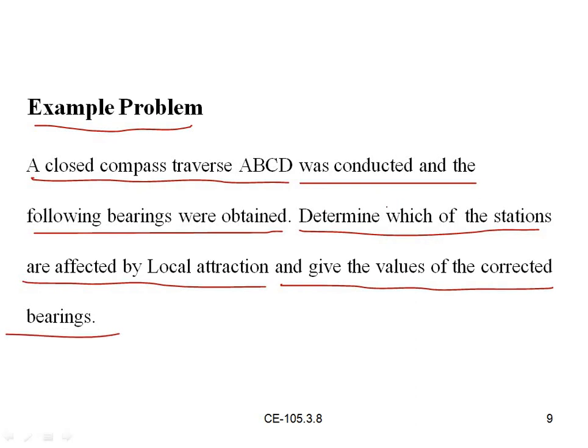So here a closed compass traverse is given with 4 stations, that is ABCD. We have to find out which of the stations are affected by local attraction and give the values of the corrected bearings. So let us see here.